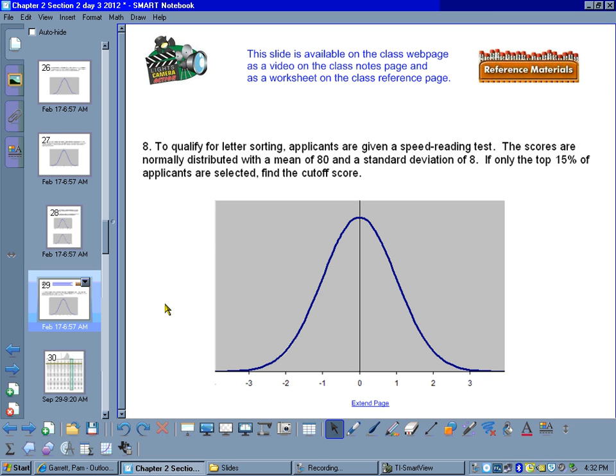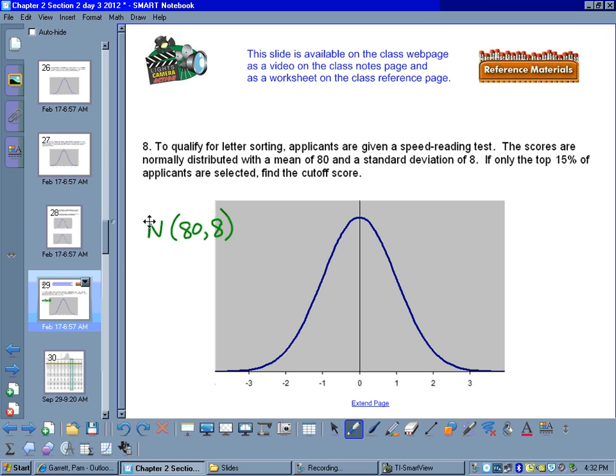So in honor of Carrie Underwood, we're going to undo it. First step is very similar to what we have been doing in the past. We identify the normal curve with a mean of 80 and a standard deviation of 8.